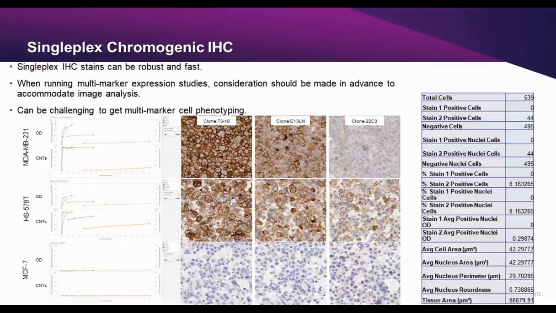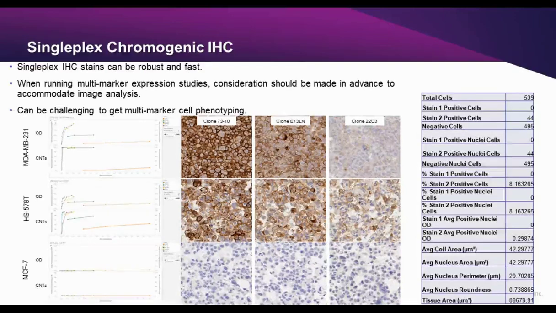Even with multiplex IF assays capable of generating data from 8+ markers from a single slide, there's still a role for singleplex IHC. Simply, singleplex IHC is fast and robust. Here, we've optimized our PD-L1 assay across multiple clones and run concentrations, looking at the optical density and positive counts using our calibrator slide.